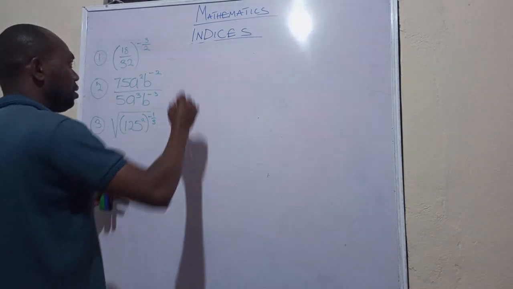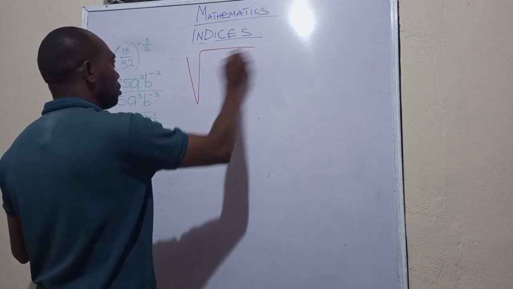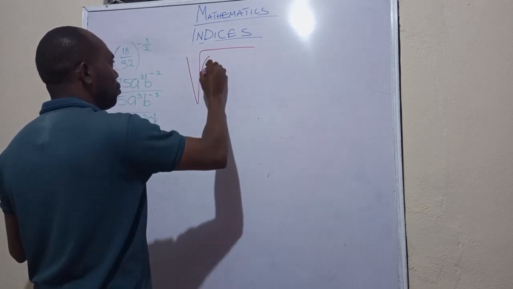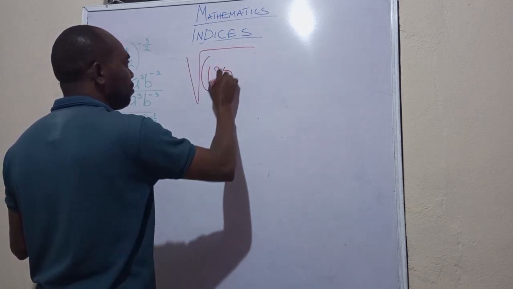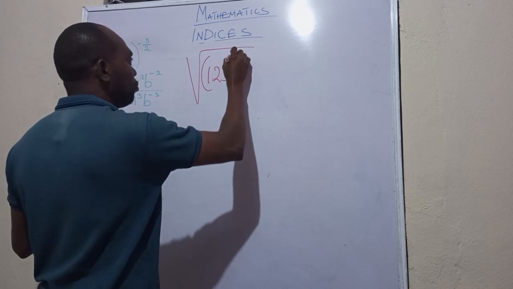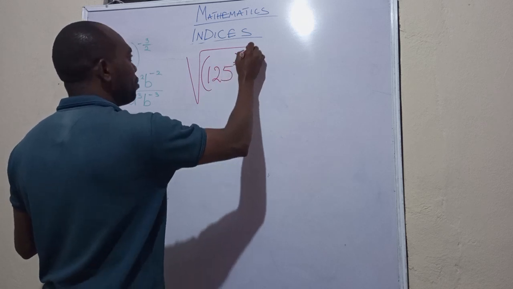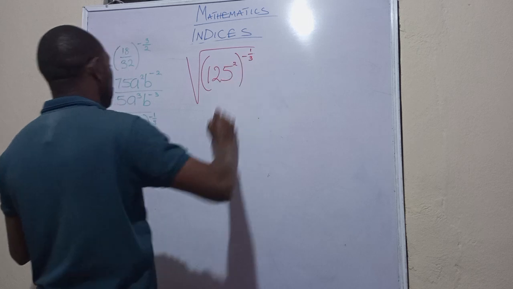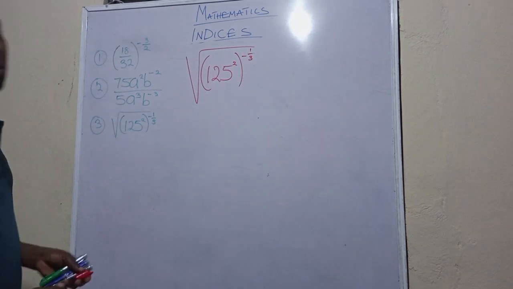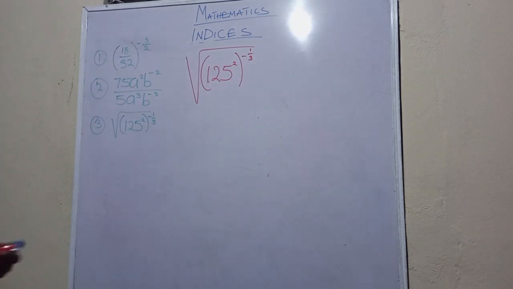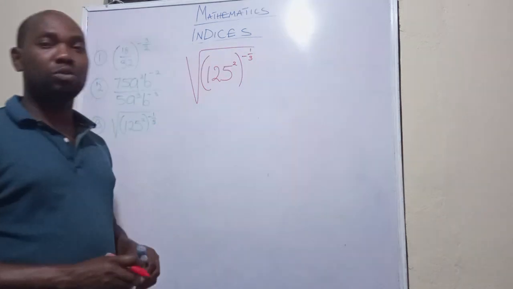It says the square root of (125 raised to the power of 2) raised to the power of minus 1 over 3. Looking at it, you yourself will say, how? This is more complicated. Looking at that question is very hard to handle.